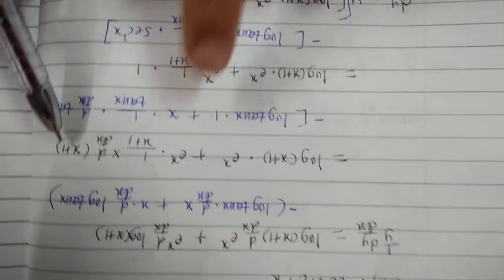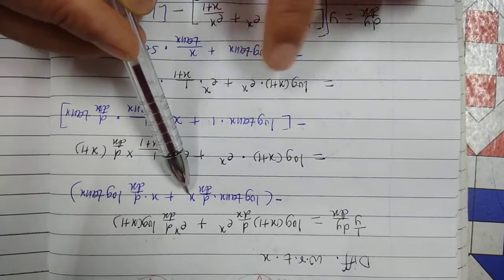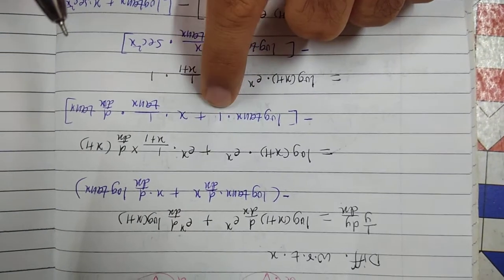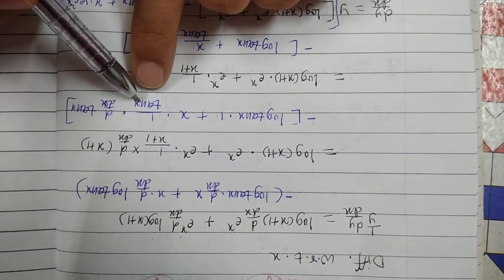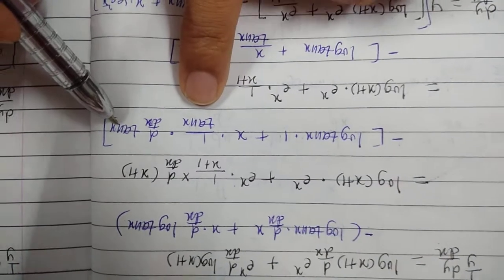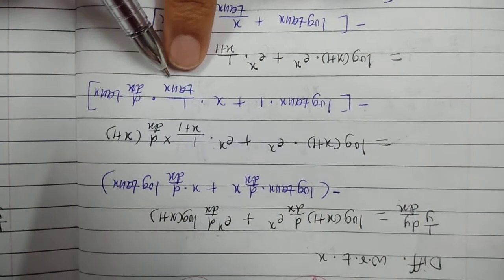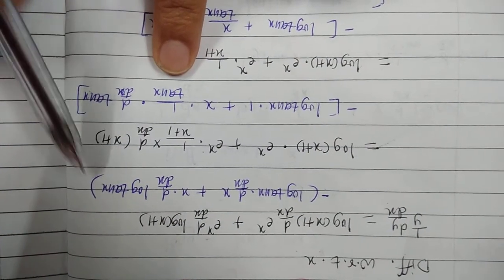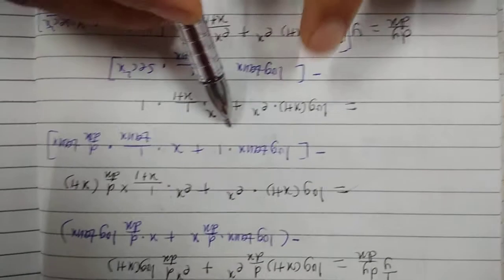For the second part, the derivative of x will be 1 here, and the derivative of log of tan will be 1 upon tan multiplied by the derivative of tan, that is sec square. In the next step we will see that.